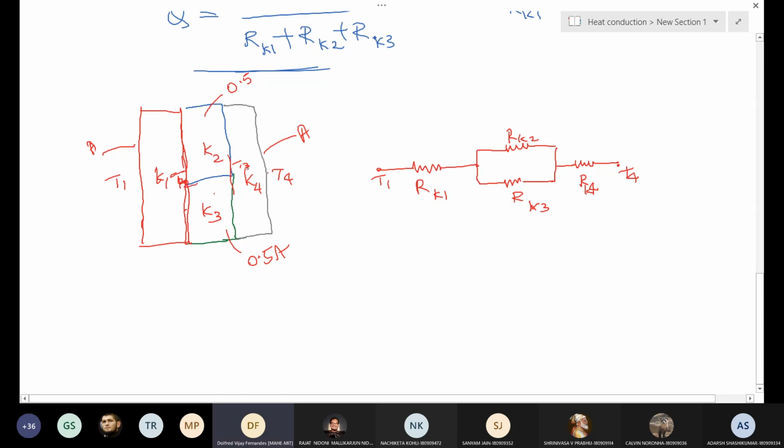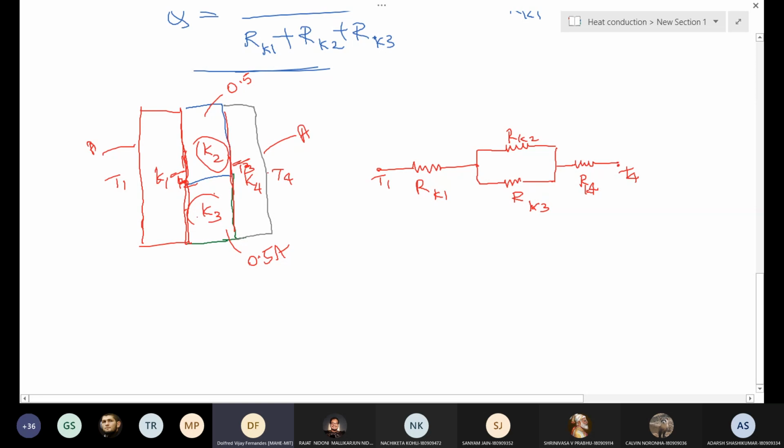I'm telling you it's T2, and here it is T3. Because K2 and K3 represent different materials, shouldn't there be different temperatures? Yes, that doubt should come to everyone's mind. That means you're listening.